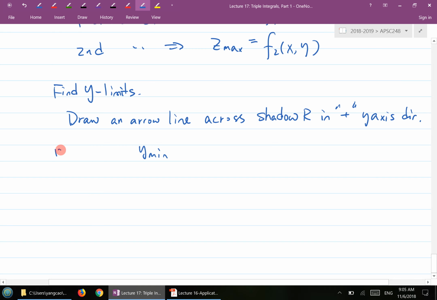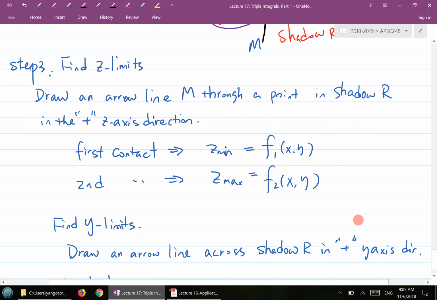So first contact gives you y min equal to g1 of x. Let me write down this y max as g2 of x.